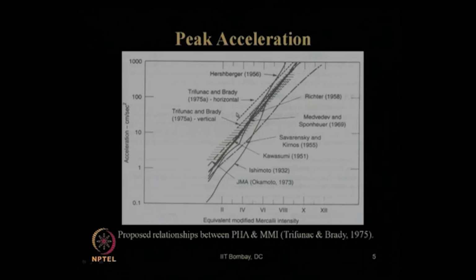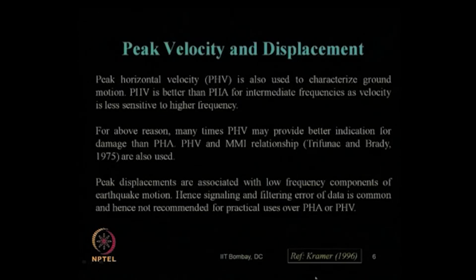So, this is for the vertical, this is for the horizontal as proposed by Trifunac and Brady in 1975, corresponding to various modified Mercalli intensity scales. So, if you know the MMI value of a particular earthquake at a site, using this relationship you can get your value of PHA or PVA, which can be further used for the design.